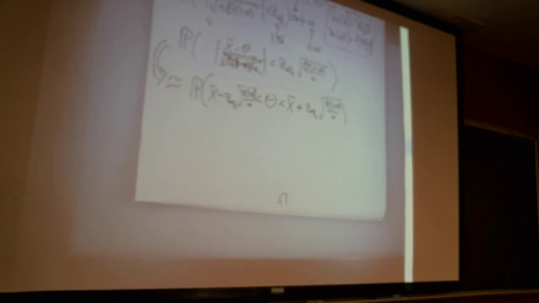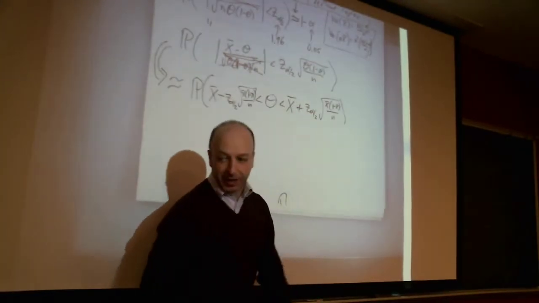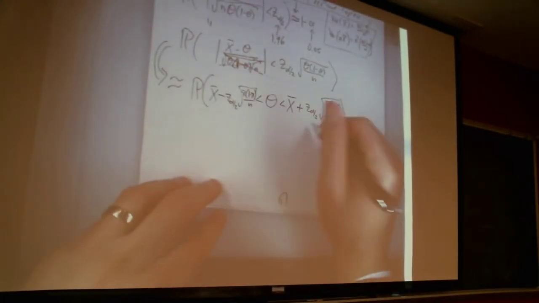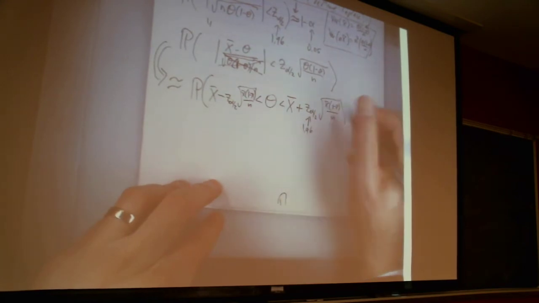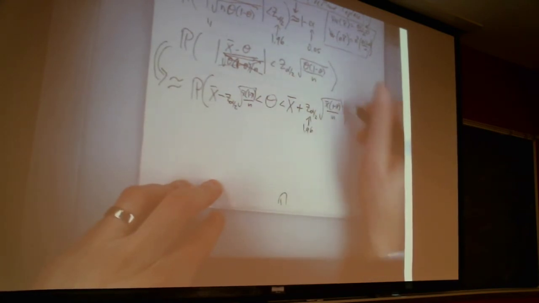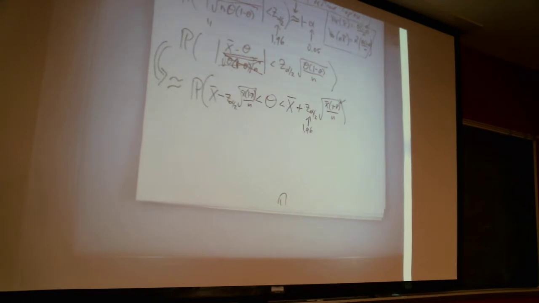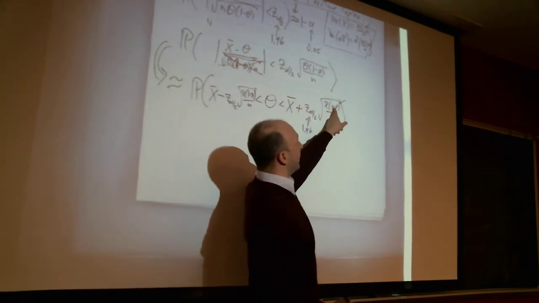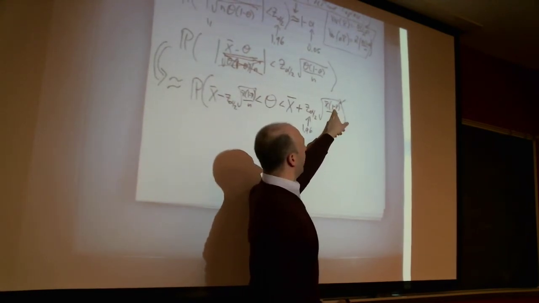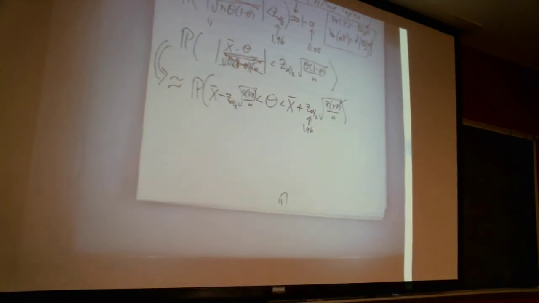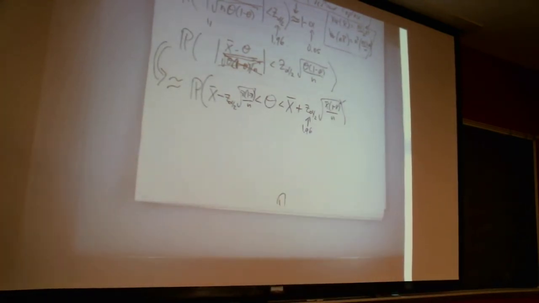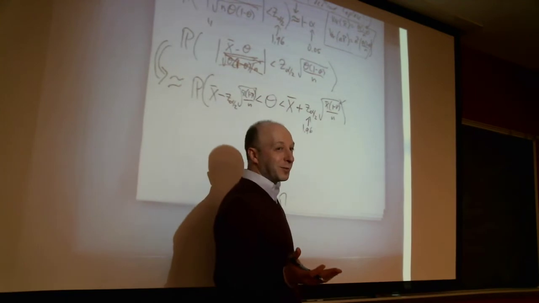So x bar is, let's work out what these things are. This is 1.96. X bar is 0.4. 1 minus x bar is, so 0.4 times 0.6, 0.24, and the square root of 0.24 is very close to 0.5 as long as we're approximating.